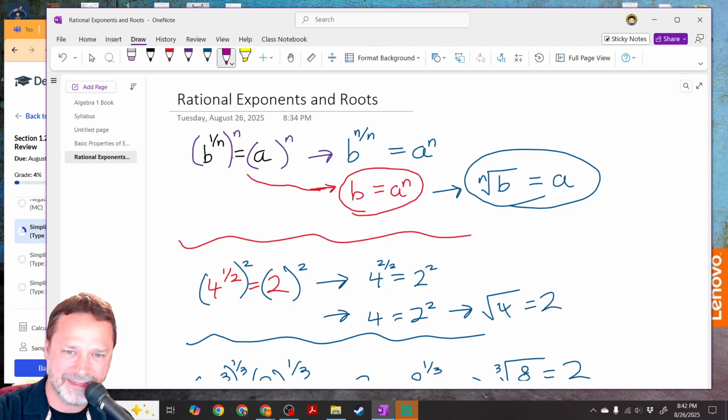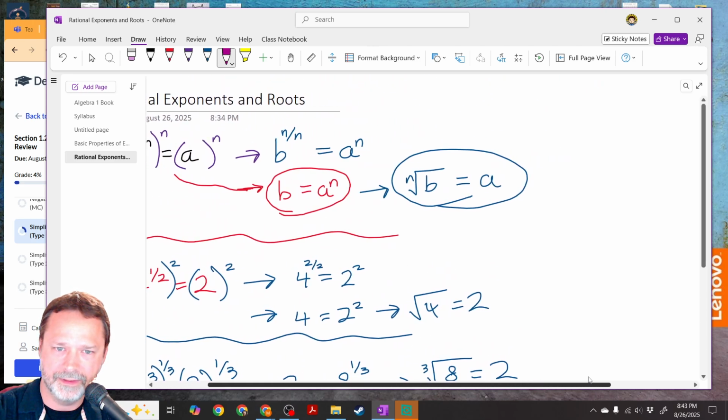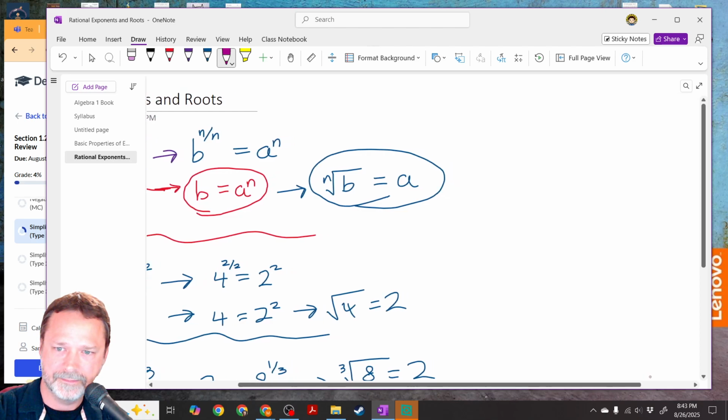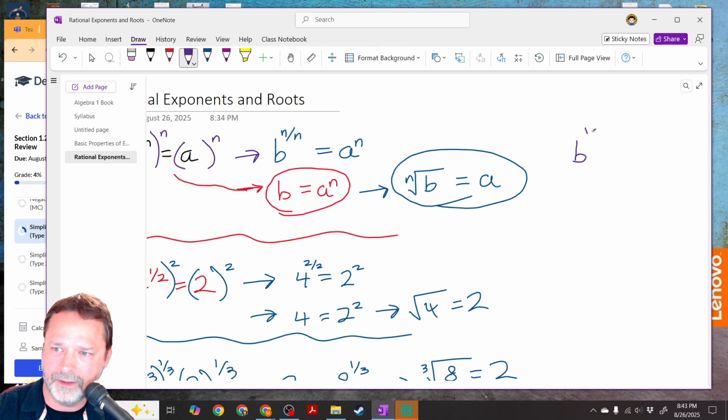What I'm trying to say is that this statement right here, and actually let's go ahead and slide over this way. What we're trying to say is that if I had something written like this, b to the 1 over n, that is equivalent to saying the nth root of b.